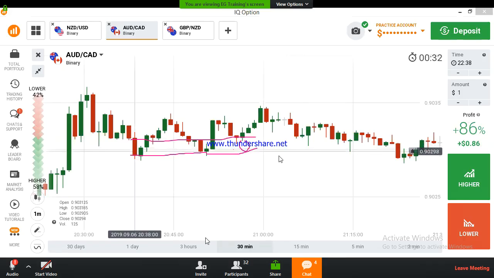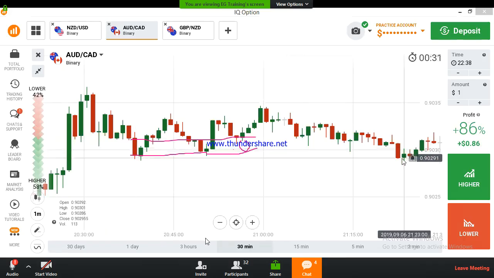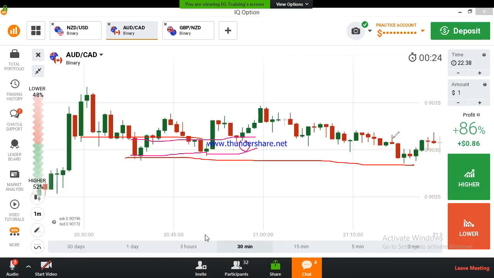And here also there is a strong level, that's why it reversed here. These are the reasons for the reversals here and here, because of these strong levels. Clear?